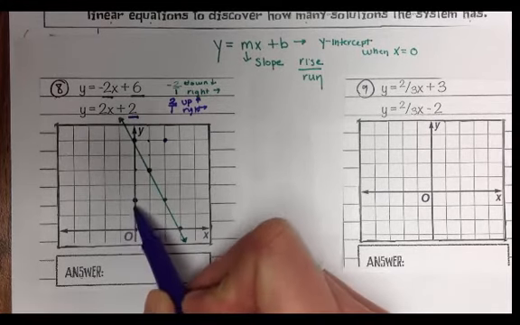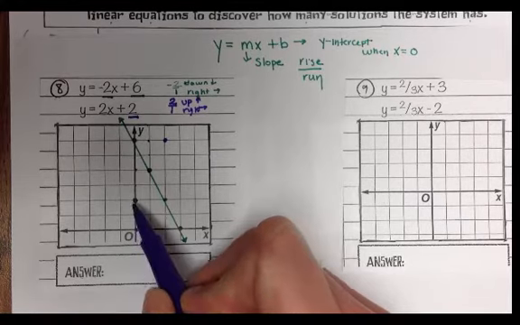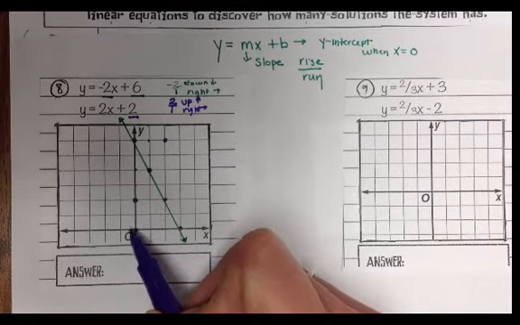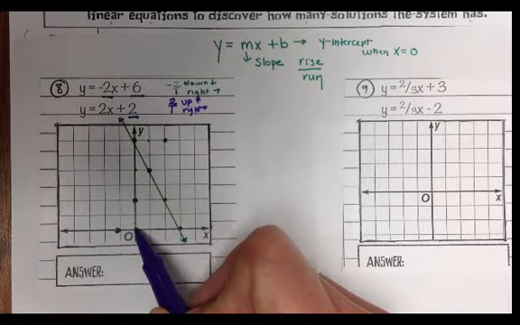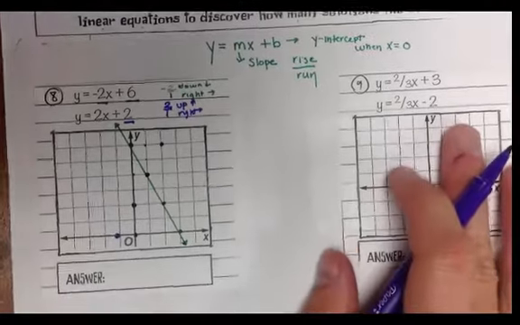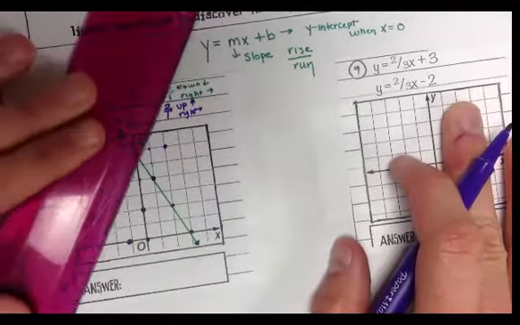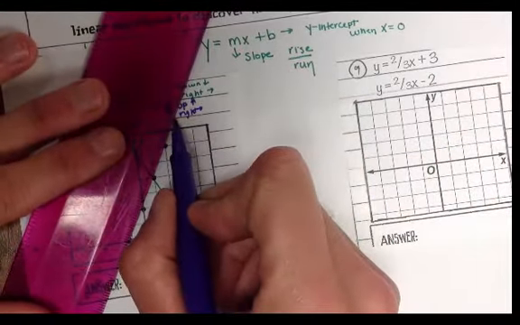Then down 2, and now we'd have to go to the left. The reason I went down is that I want 1 more point to graph this line. If I go down 2, I have to go left 1, so a negative divided by a negative creates my positive. I have 4 points, so I'm going to bring my ruler in and connect my dots, putting my arrowheads to make my line.